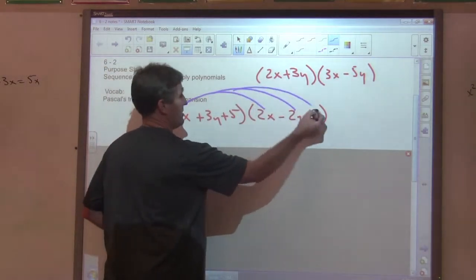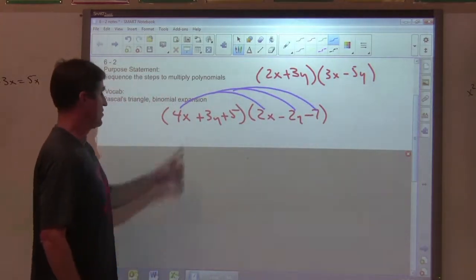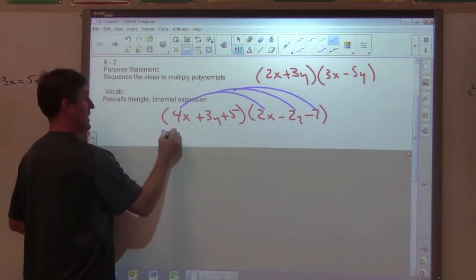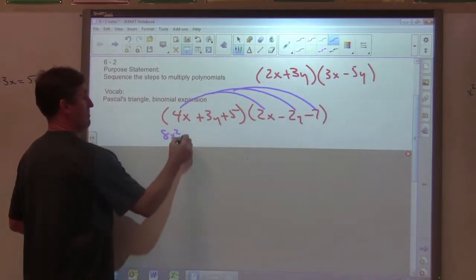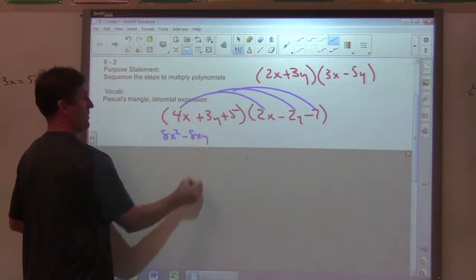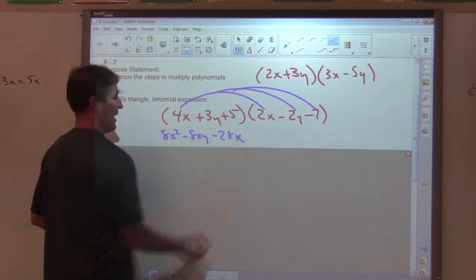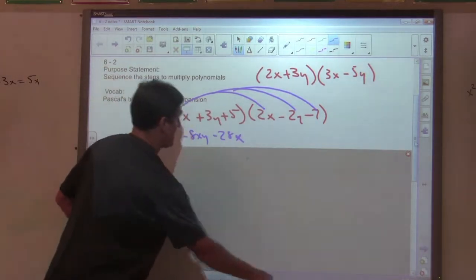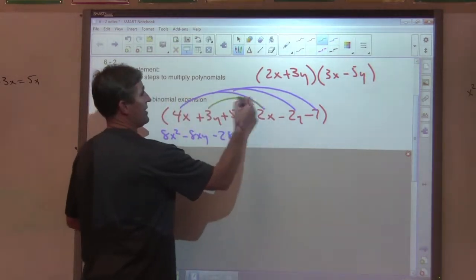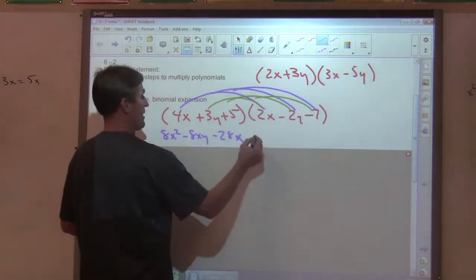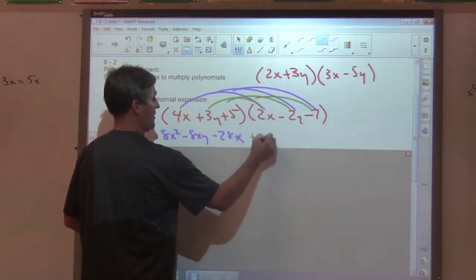or you just triple distribute the 4x, so you take the 4x times everything, so we get 8x squared, and then minus 8xy, and then minus 28x. And now I take the 3y times everything. So 3y times 2x is 6xy.